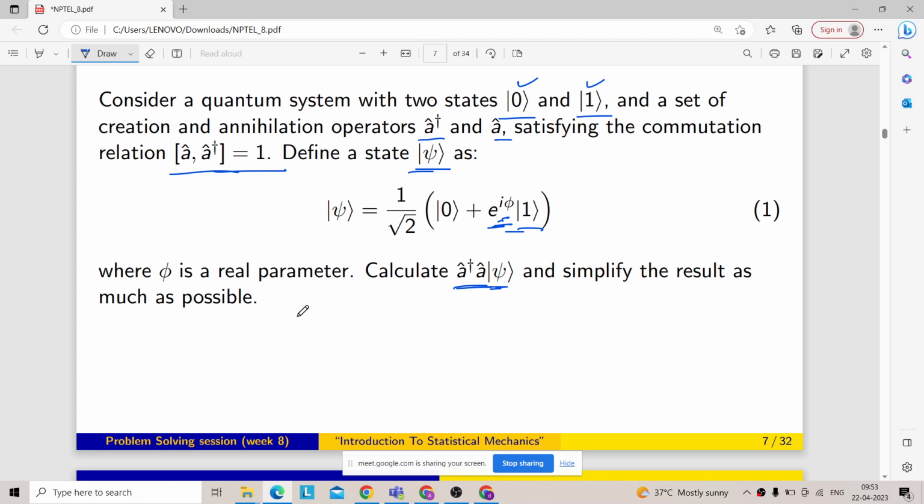Okay, so we know when an annihilation operator operates on state n, what is the eigenvalue? This is root over n, and what will be the state? This will be n minus 1, right? Similarly, this is the annihilation operator.